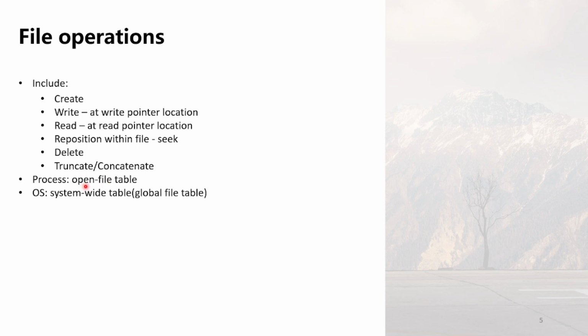This table contains metadata that is necessary for file operations, such as the location of the file, the current position of the read-write pointer, and possibly access rights and file mode.